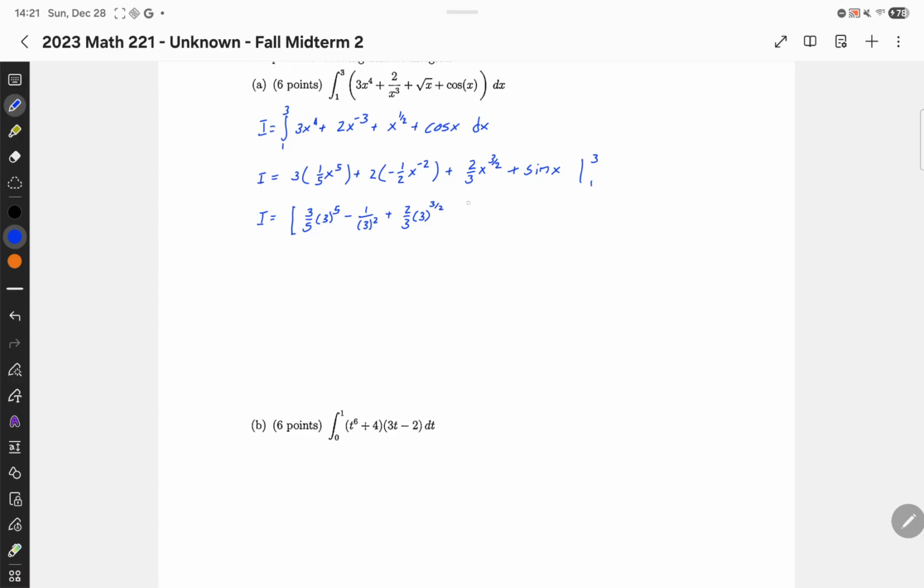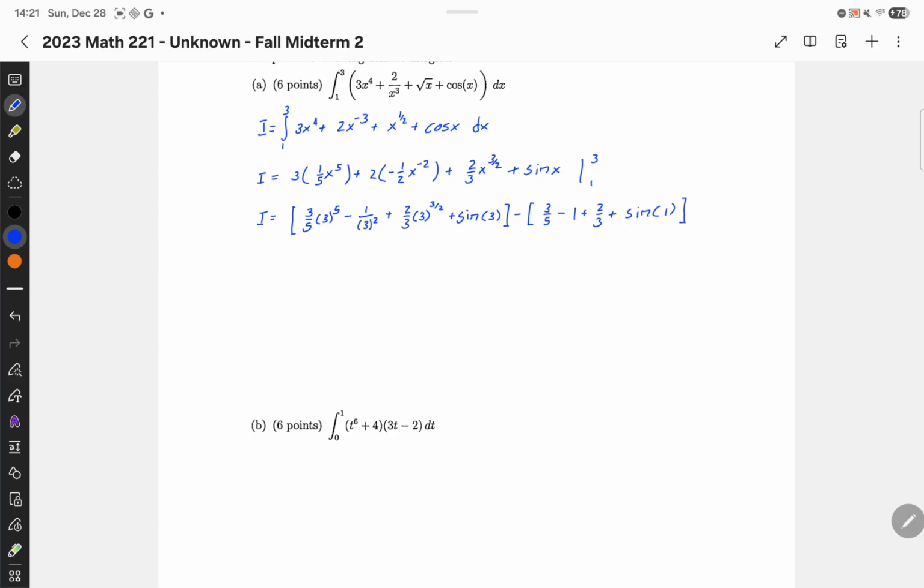And lastly, we are going to add sine of 3. Now to subtract the lower limit portion, we're just going to get 3/5 minus 1, right, plus 2/3 plus sine of 1, just like that.